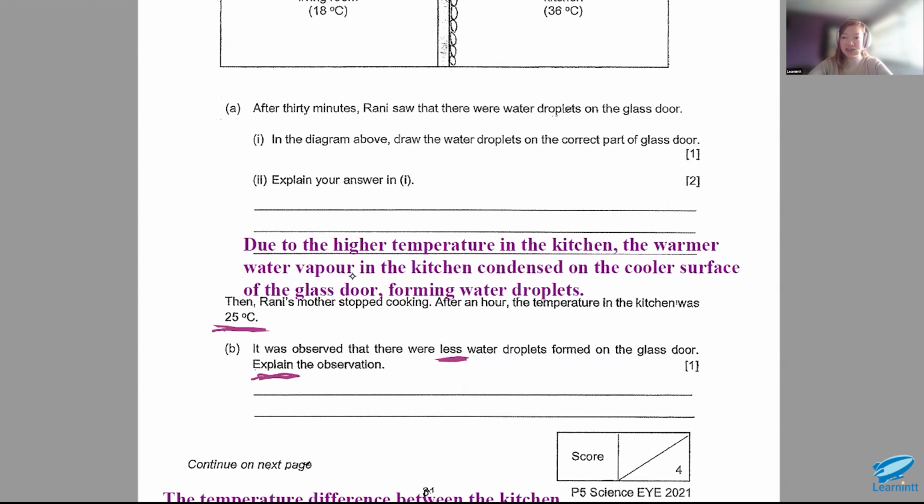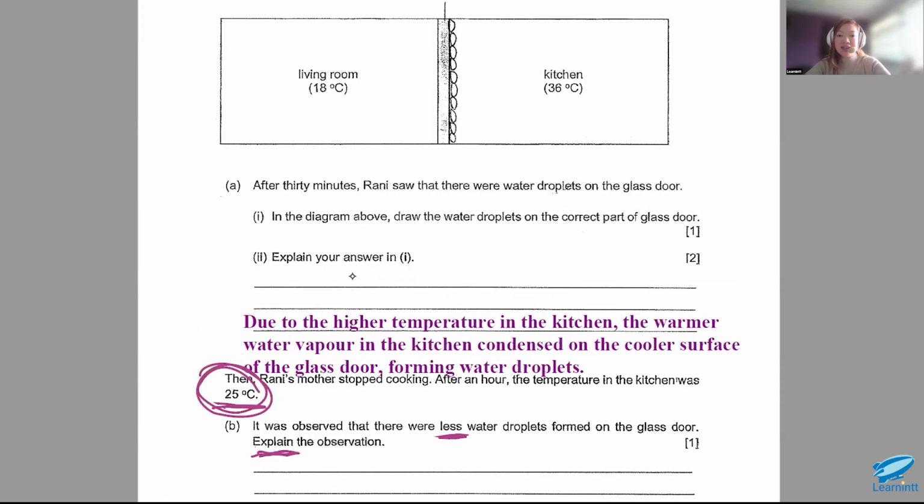Why less condensation? The difference here is 25 degrees Celsius versus the 36 degrees Celsius when she was cooking. Is the temperature difference lesser now? If you think about it, 25 degrees Celsius is not so warm anymore compared to 36.